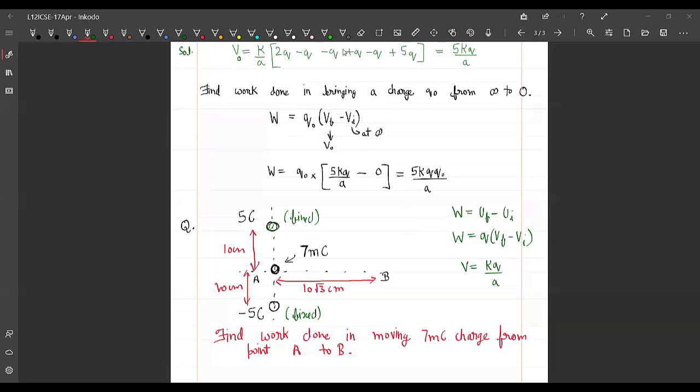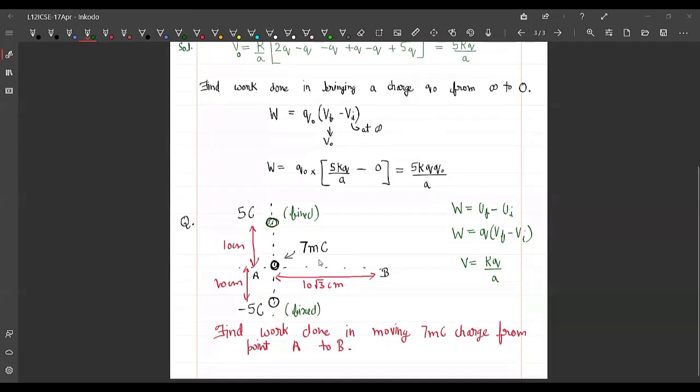Nihar, can you tell me the initial potential first? Seven KQ by 300. Five KQ on.